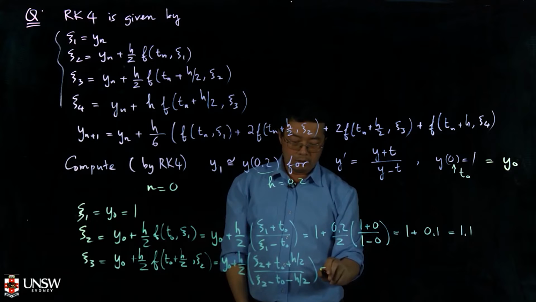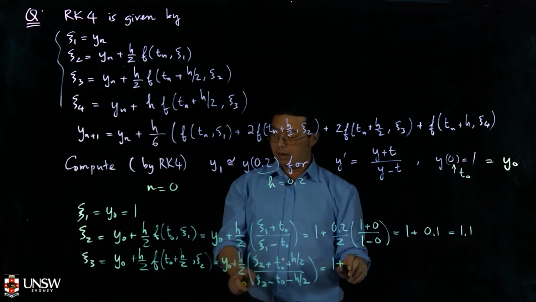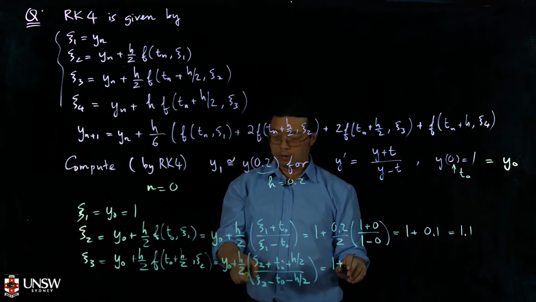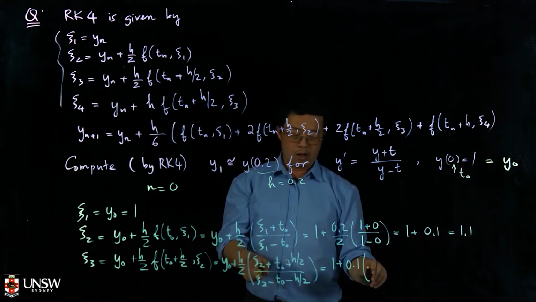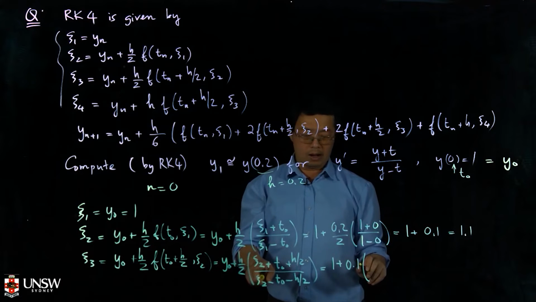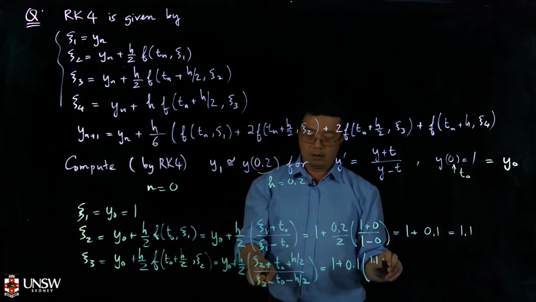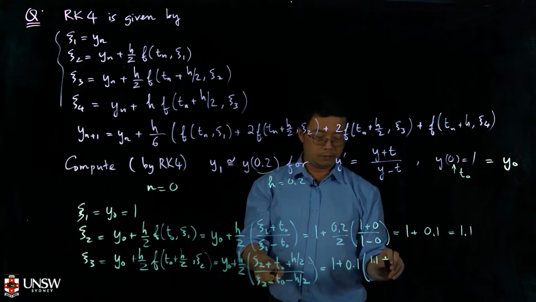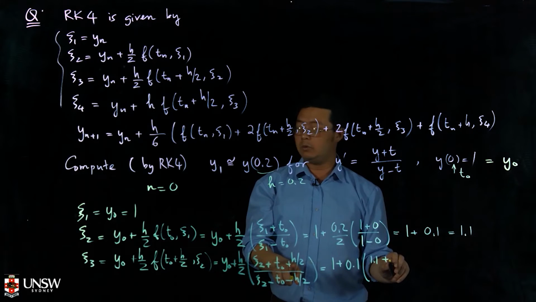And now you plug in the numbers. y0 is 1, and h over 2 is 0.1. Now xi2 is 1.1, plus 0 plus h over 2, which is 0.1.